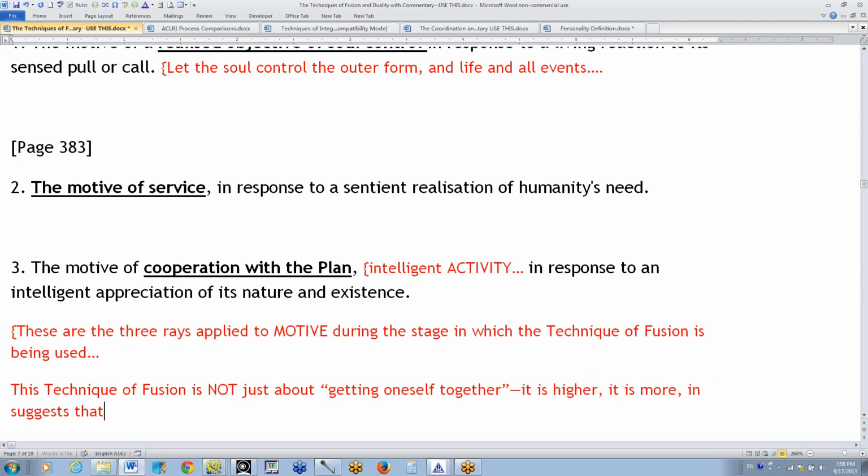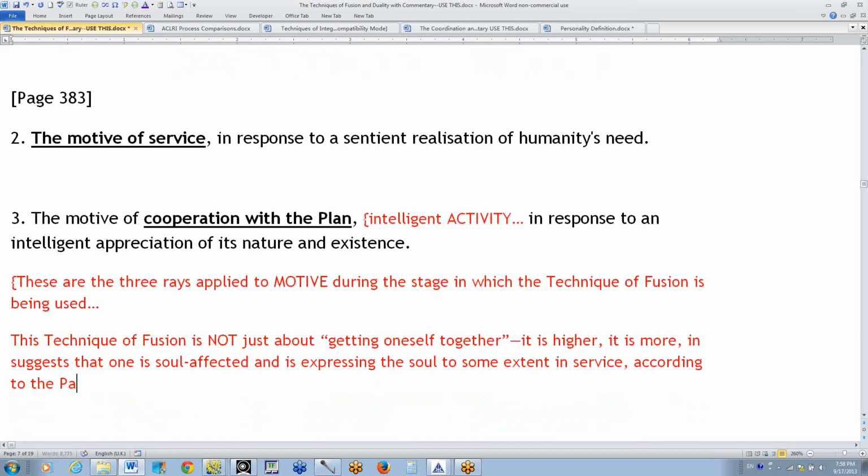It suggests that one is a soul affected and is expressing the soul to some extent in service according to the plan as understood, and lives a life which is increasingly under the control of the soul.